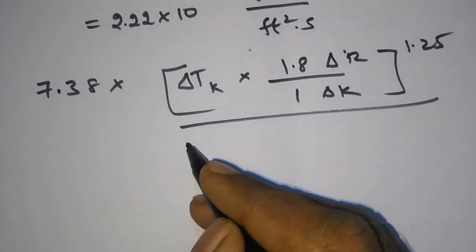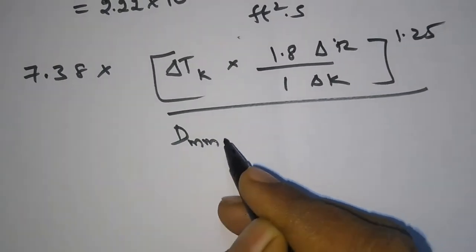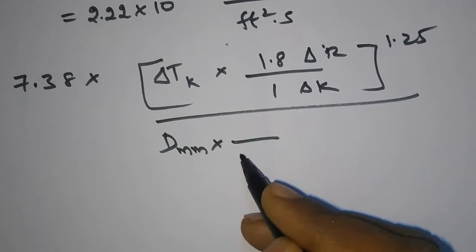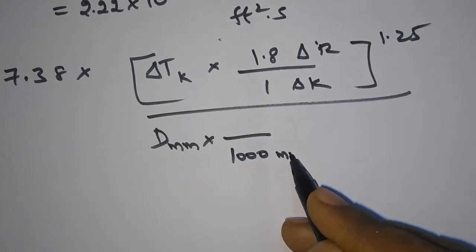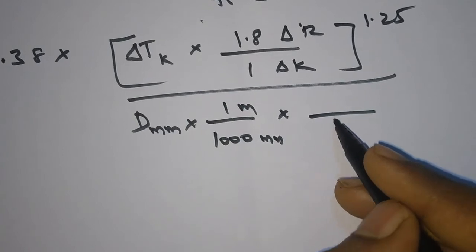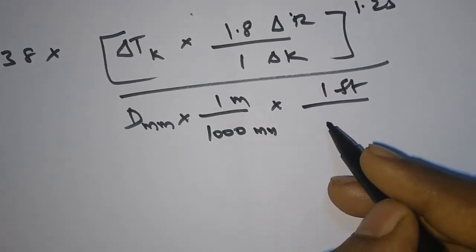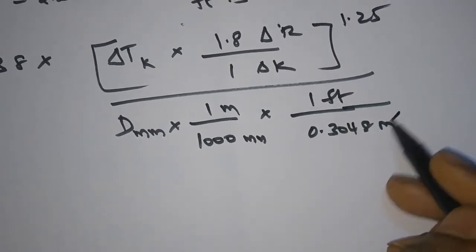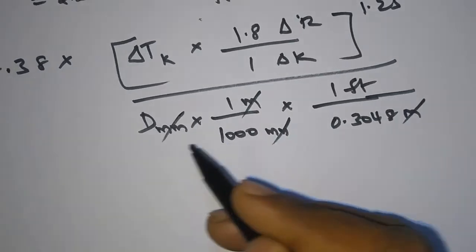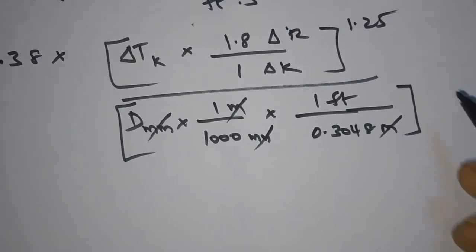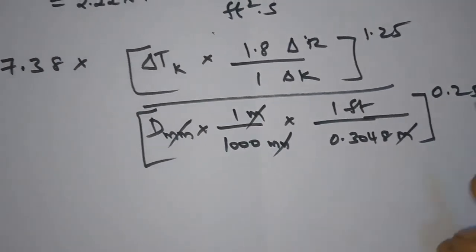Similarly, in the denominator it is given D is in mm. I am doing step by step, but if you know directly you can substitute. You know that 1000 mm equal to 1 meter and 1 feet is equal to 0.3048 meters. So meter getting cancelled, mm getting cancelled. So this much is raised to the power of 0.25.